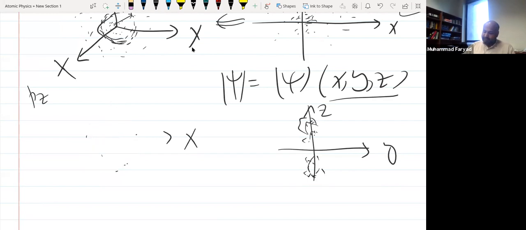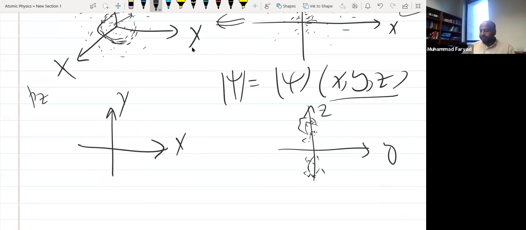So in the xy plane, for the pz orbital, the psi function is 0. So what you do is, if we have xy, xz, in xz it has the same shape as in yz. So it means, and in xy it's actually isotropic, but it's 0.